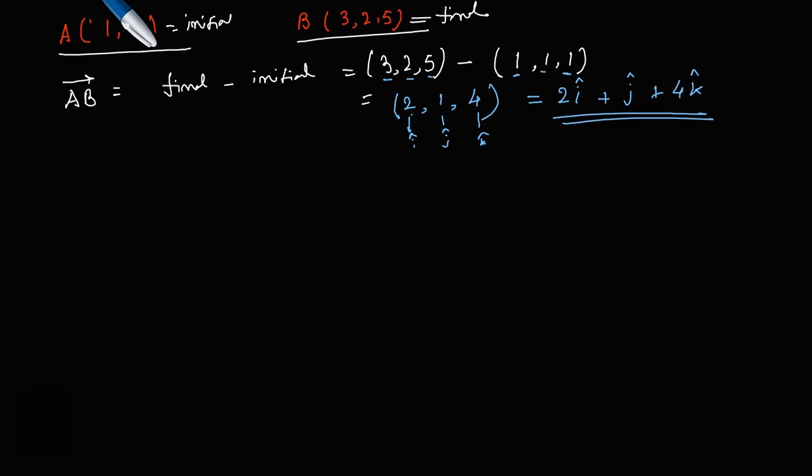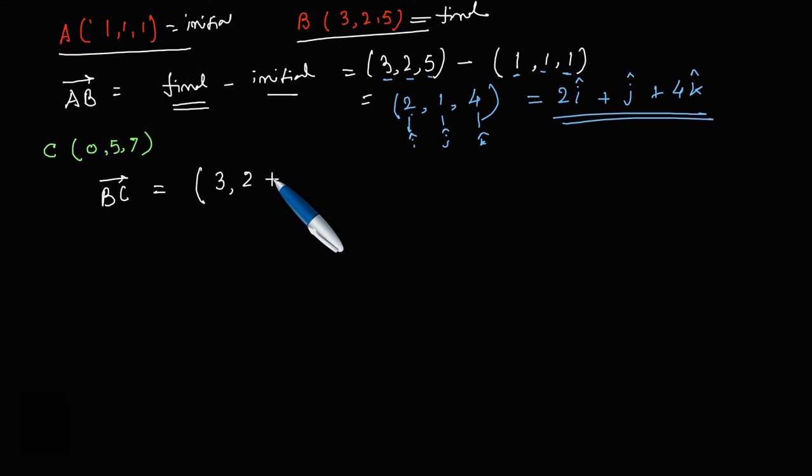You got it. In the same manner, I have given another point, C, which is 0, 5, 7. I think it is not too tough to get. In the same manner, you can do it. What do we have to find? That is not AC, it is BC. What is BC? Same method, final minus initial. I am not writing it in a rigorous way, just doing the mathematics.